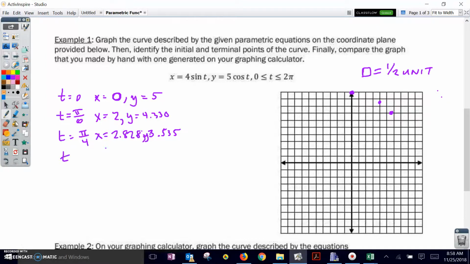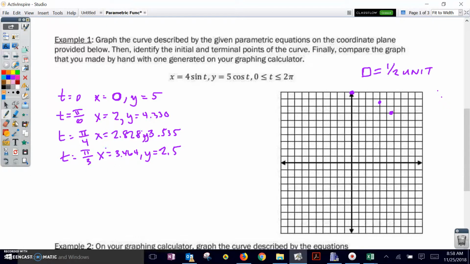And then I go ahead to time equals pi over 3. And there, x is going to be 4 root 3 over 2, which is 2 root 3, which is about 3.464. And y is going to be 5 times a half. That's 2.5.